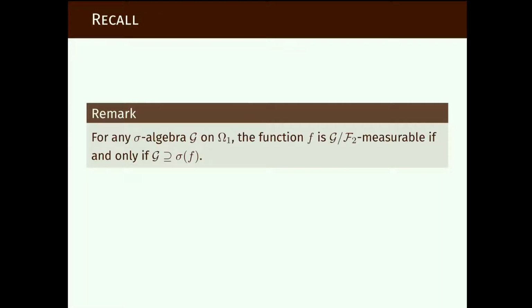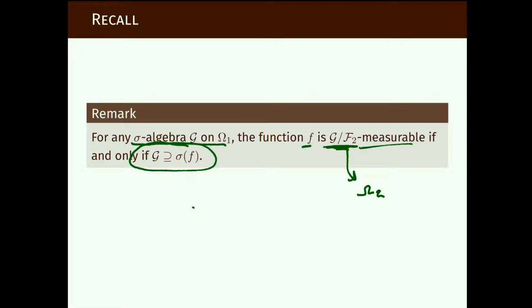So let us recall a remark from the previous lecture. For a given sigma algebra G on omega 1, the function f will be G/F2 measurable, where F2 is the sigma algebra of the target space omega 2, if and only if the sigma algebra G contains the pullback of f.